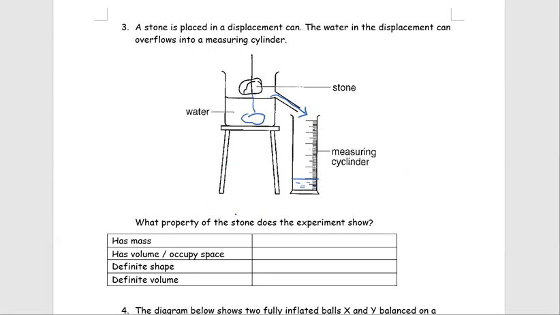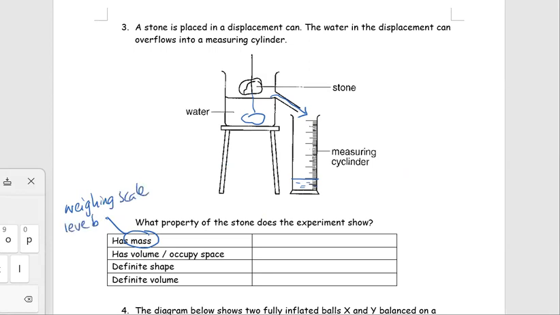Now, does this experiment show that the stone has mass? How do you know whether an object has mass? How do you measure mass? You either use a weighing scale, or a lever balance. These two are instruments that you can use to measure mass or compare mass. Every instrument can only measure one property.